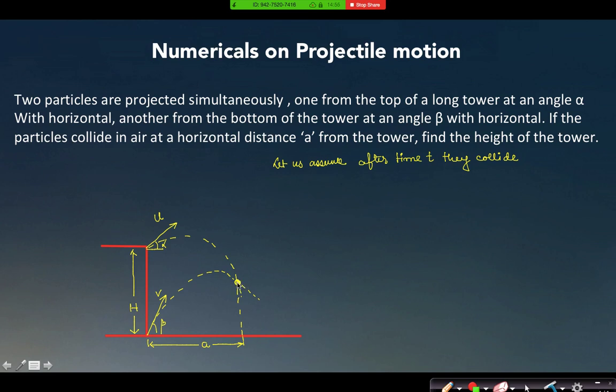Horizontal and vertical both will be same. Vertical positions are same, horizontal positions are also same, because their x and y coordinate both should match with each other, then only they will collide. Yes or no?